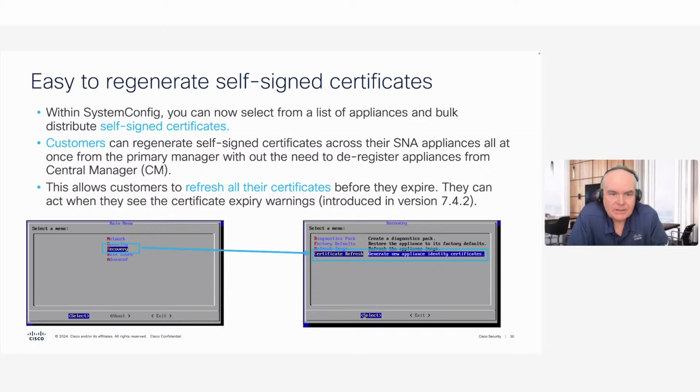And the beauty here is that you can generate your own self-signed certificates across all the appliances from one primary manager. So from the manager, you go into system config, you see the recovery, you say certificate refresh. There's no need to deregister appliances from what we call the central manager and re-add them or anything like that.